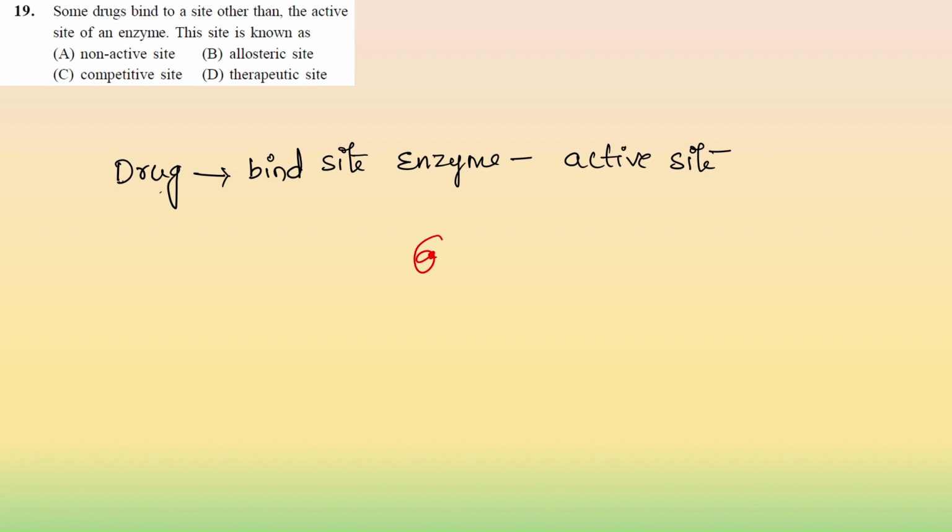If it attacks a site other than that, it is called an allosteric site. It's a direct question from the NCERT textbook, so it is better to revise the NCERT textbook also.